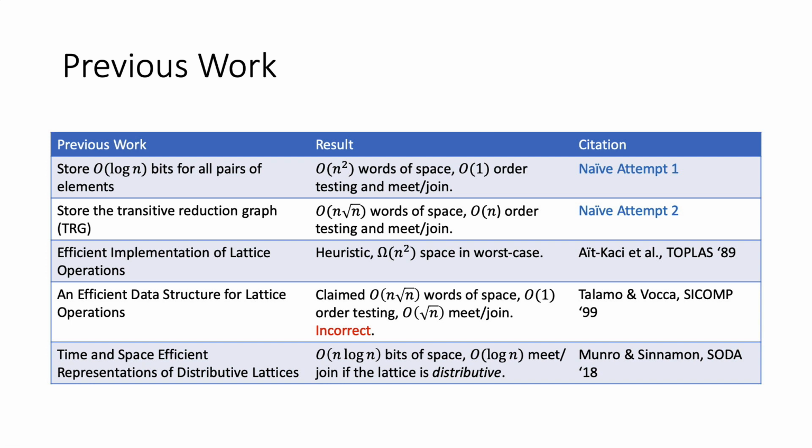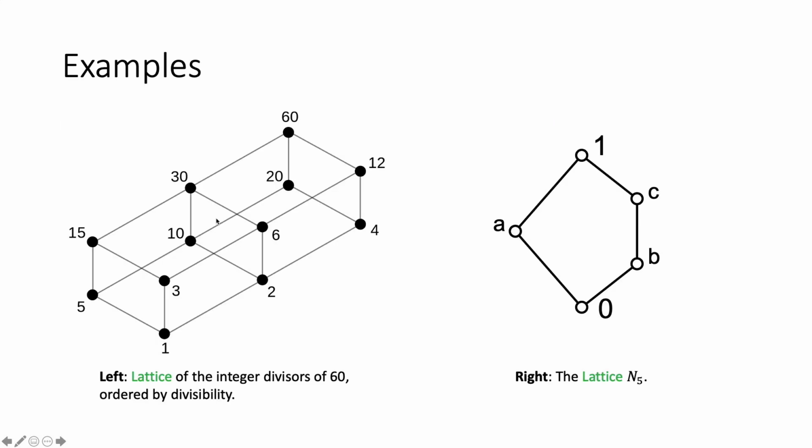Then there's another approach, which reduces the space usage at the cost of time, and that is we can store what's called the transitive reduction graph. If we go back to our examples, the transitive reduction graph is the smallest number of relations such that all the transitive relations can be inferred. So I don't need to store the relation between 15 and 60.